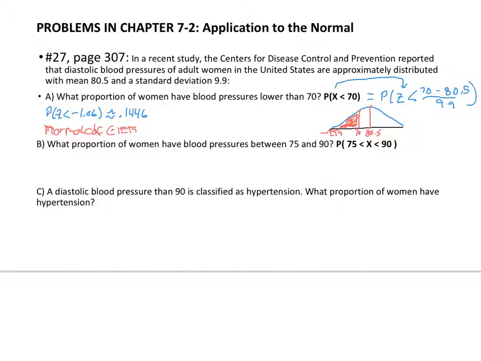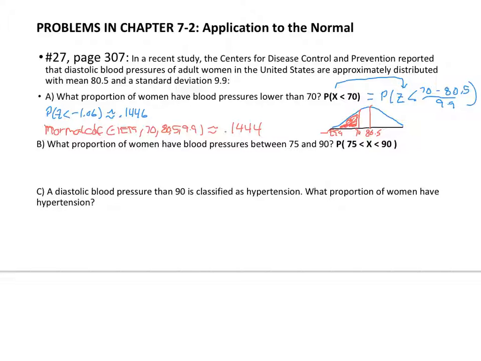Then the upper bound is 70, the mean is 80.5, and 9.9 is the standard deviation. When we hit enter, we get approximately 0.1444.